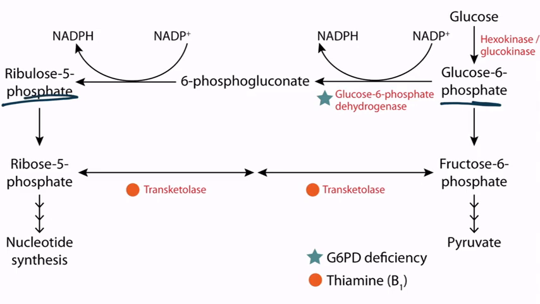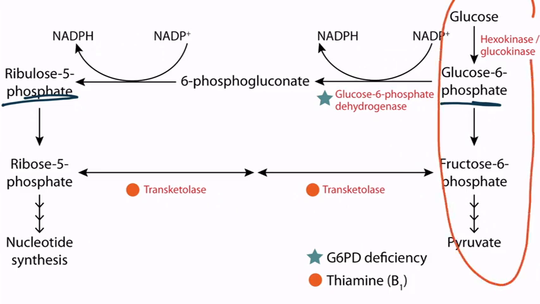So recall from the video on glycolysis that this portion of the pathway represents a part of glycolysis. Also notice that one of the enzymes involved in the conversion of glucose 6-phosphate to ribulose 5-phosphate is glucose 6-phosphate dehydrogenase, or G6PD. This enzyme is incredibly important because it's responsible for the production of NADPH, and it's the rate-limiting step of the HMP shunt.